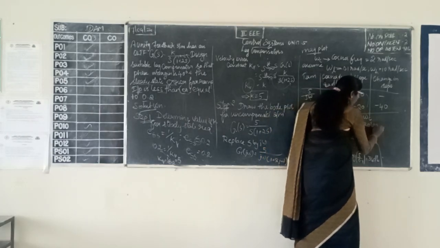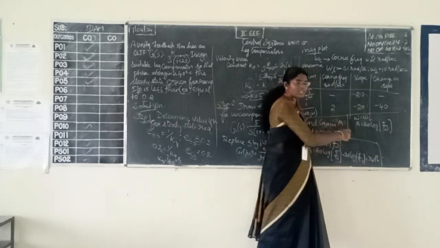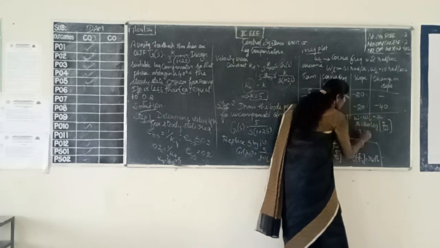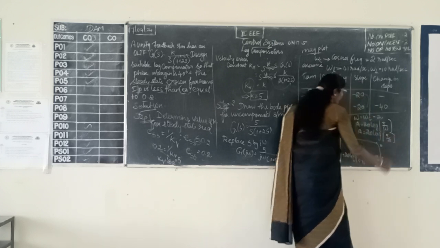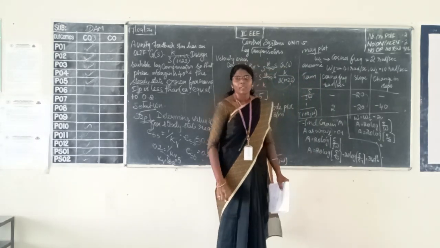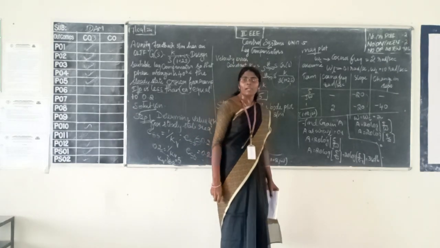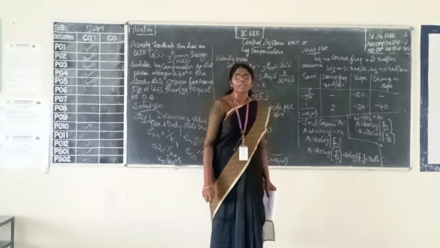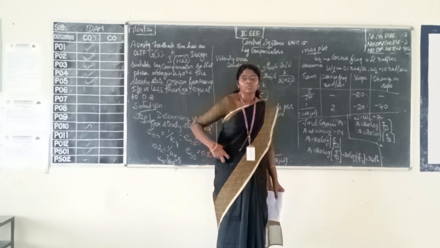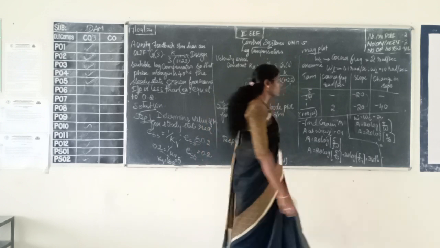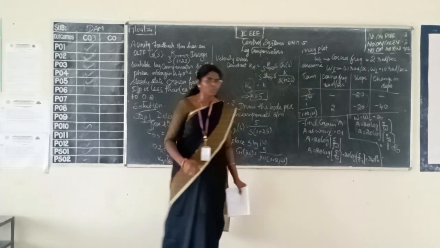The same, 20 log of 5 divided by 2. What is it? 7.9. So approximately take it as 8 dB.